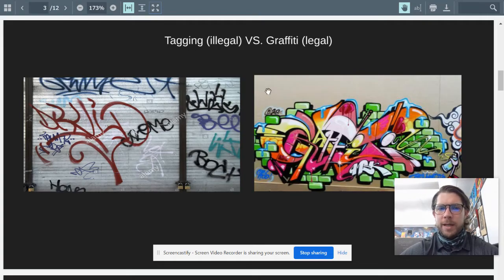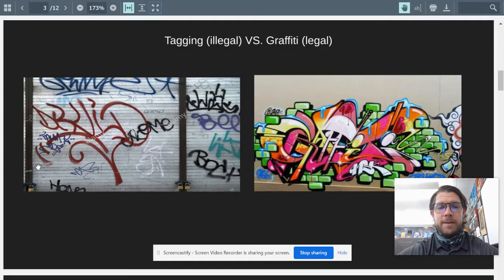They want attention. Now over here, the reason why you can tell that this is legal is because they took a very long time. If you think about somebody, a bad person, doing a criminal act, they're going to want to do it very quickly, because they don't want to get caught. That's why a lot of times, if graffiti looks like it was rushed, like it was done in a matter of minutes, then oftentimes that's going to be considered illegal.